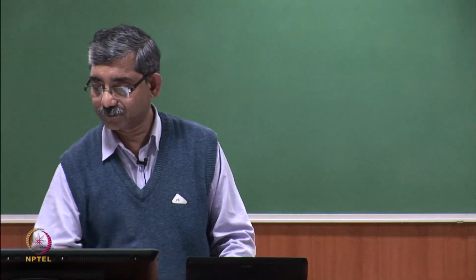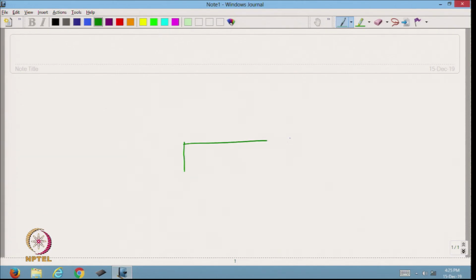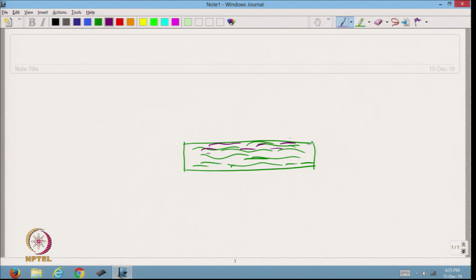So, suppose this is a laminate of reinforcing material, and we have placed the resin also, immersed in the resin. Now, in this laminate, what we do? We are placing different layers.